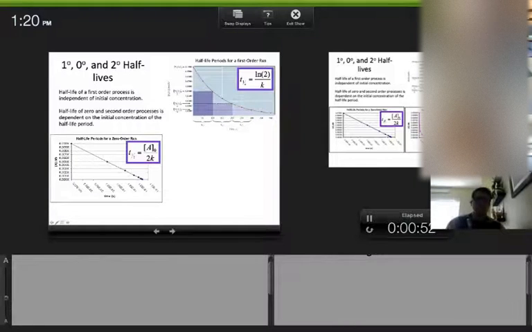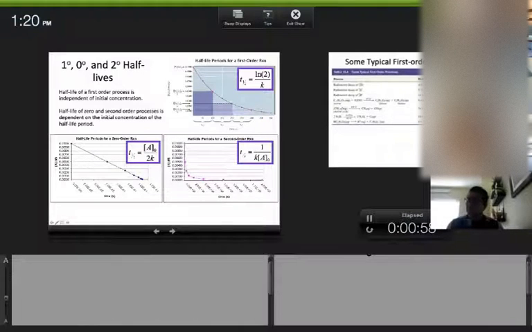So I think we saw this picture, right? Looking at those half-lives get shorter and shorter because the concentration changes. So zero, first order, and second order. Notice that these get shorter and shorter for zero order concentration. These get longer and longer for a second order concentration.